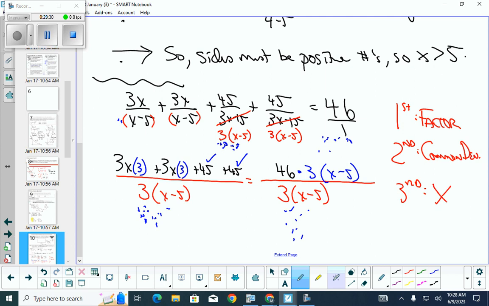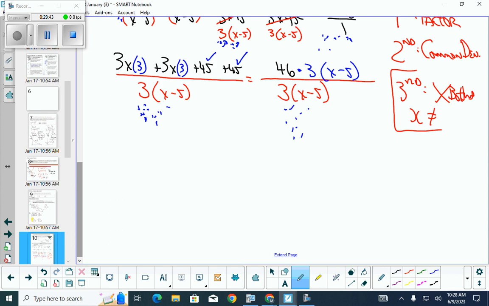You're going to cross out all the bottoms. Now, before you do that though, make sure you give the restriction. So off to the side, what is my restriction? X cannot equal 5, because 5 minus 5 would give 0. So cross that out.